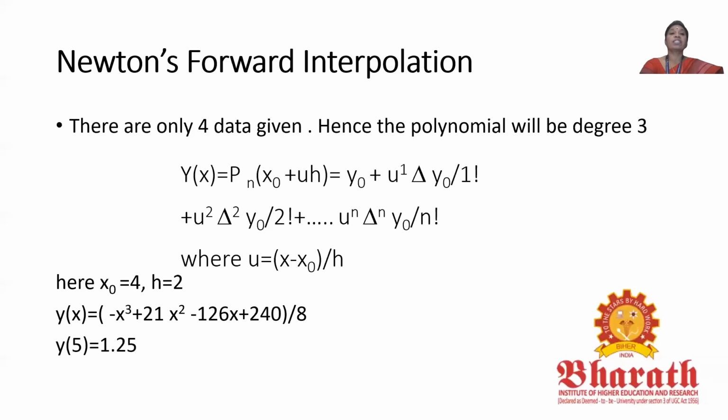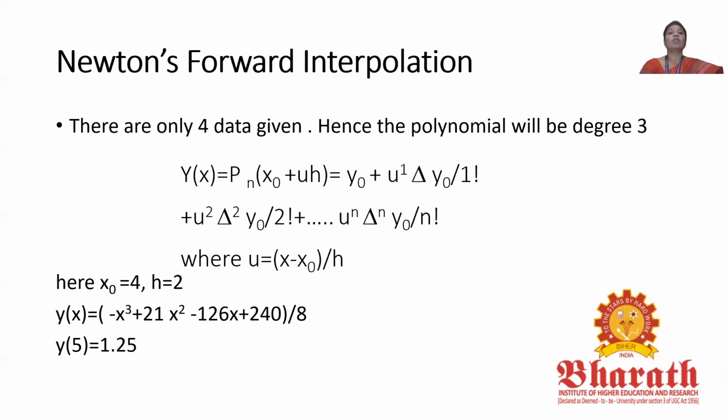So your y of x will be minus x cube plus 21x square minus 126x plus 240, all by 8. If you simplify that, you get a polynomial, and you are asked to find the value of y of 5.